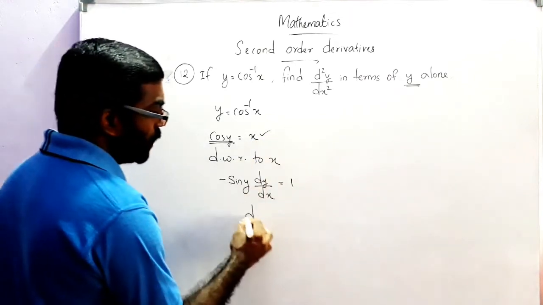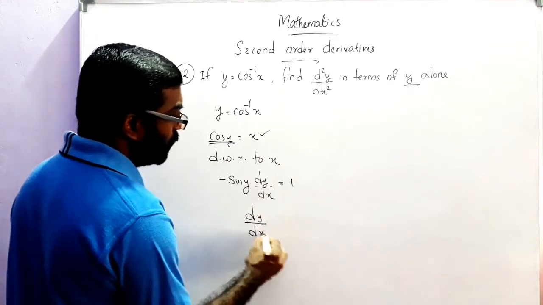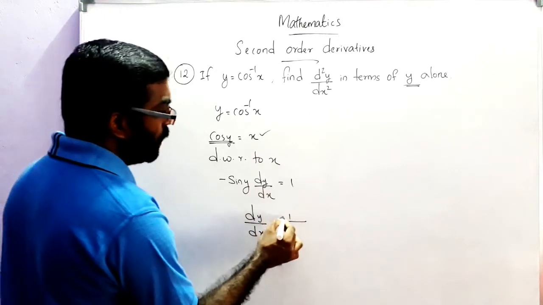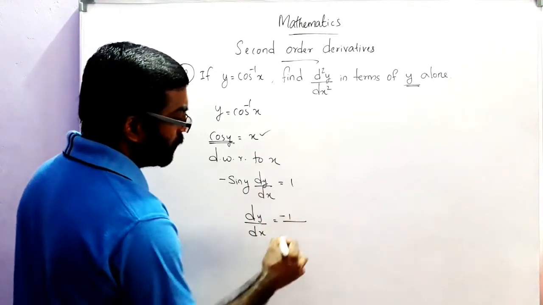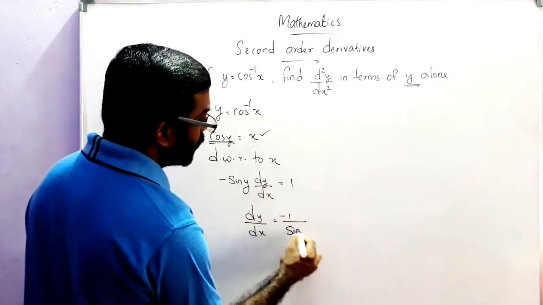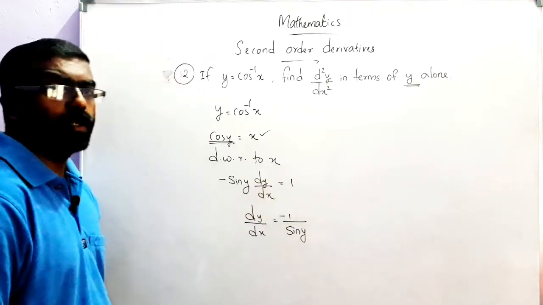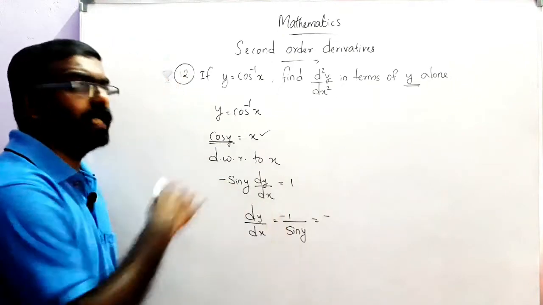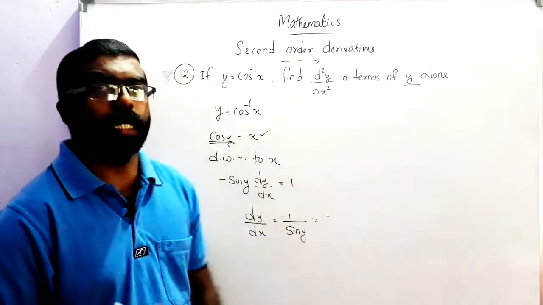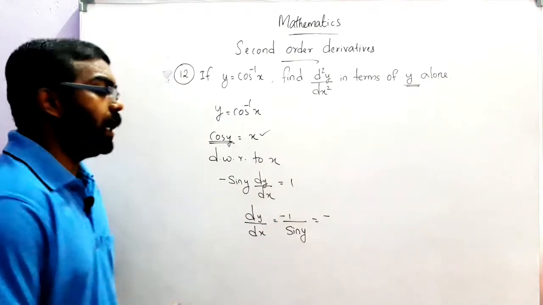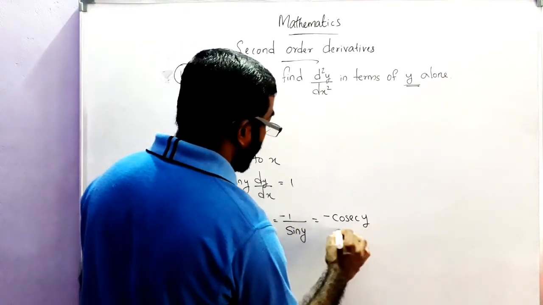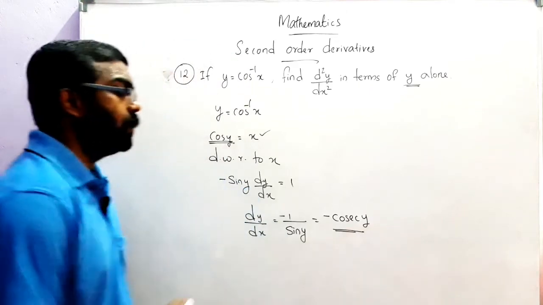Okay, so dy by dx is equal to 1 by this minus sin y, that minus sign I write on the numerator, so minus 1 by sin y. Understood? 1 by sin y means reciprocal of sin y and it is cosec y. So the answer becomes minus cosec y.